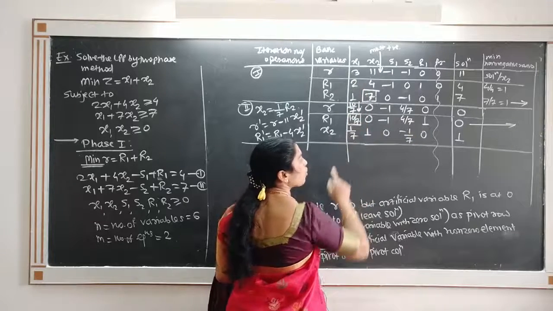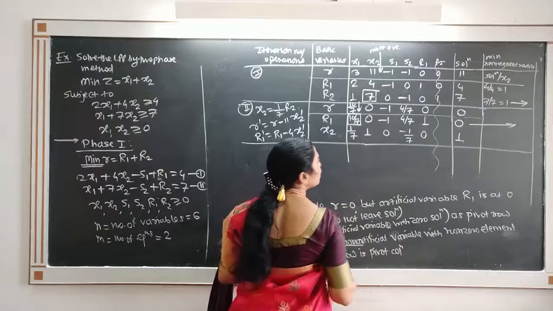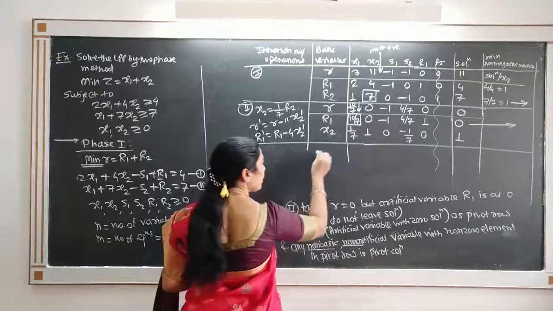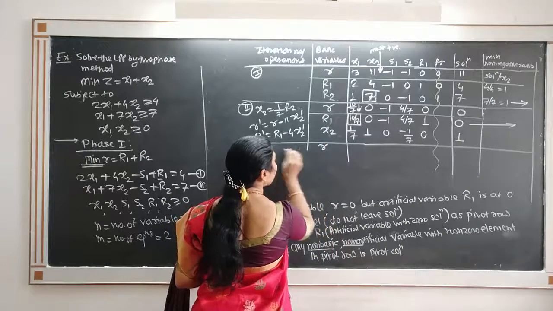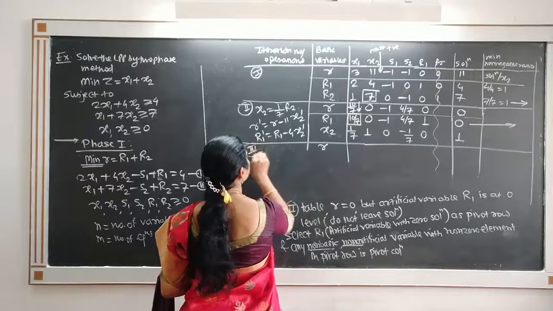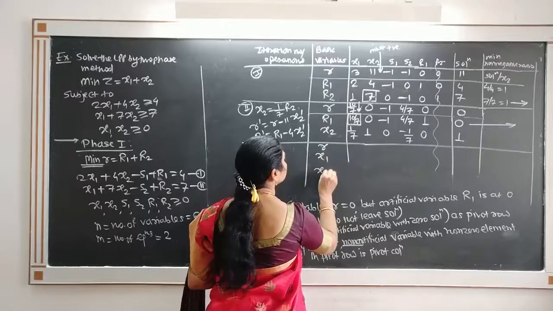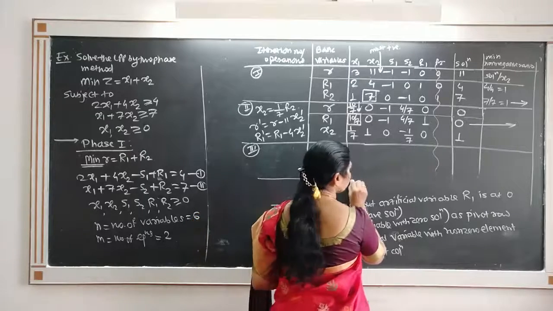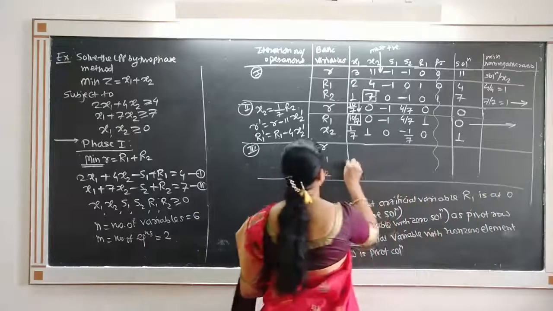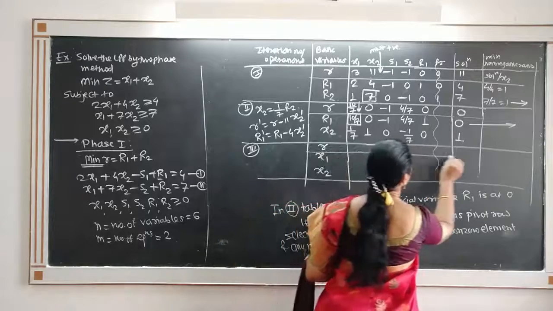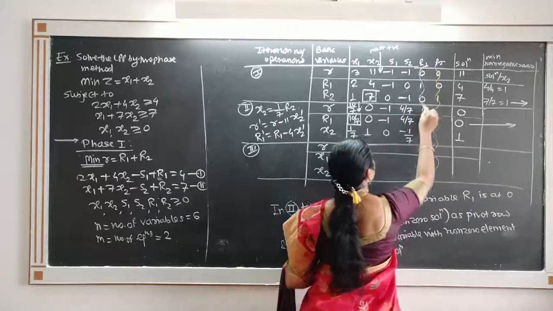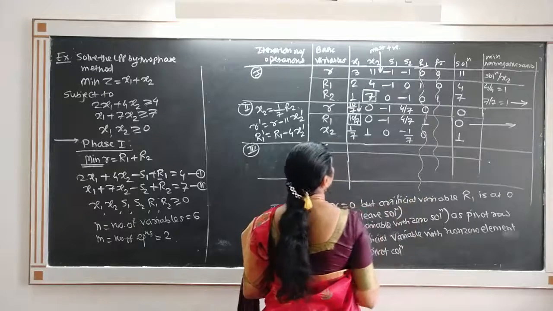The intersection, that is 10 by 7, is the pivot element. In the next table, R1 will leave and X1 will enter.